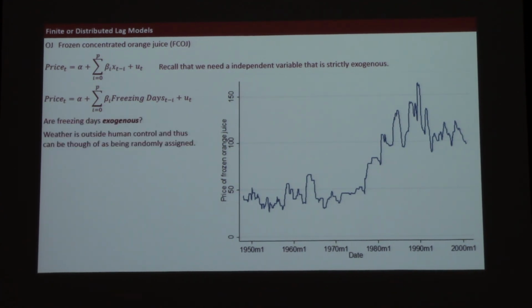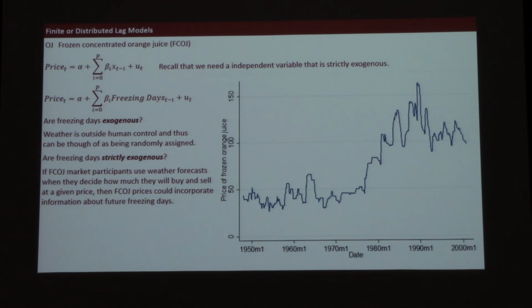Are freezing days exogenous? Sure, it's outside of our control. You can think of it as being randomly assigned. Strictly exogenous, maybe not. But again, let's not worry about that. Let's examine the percentage change in prices.